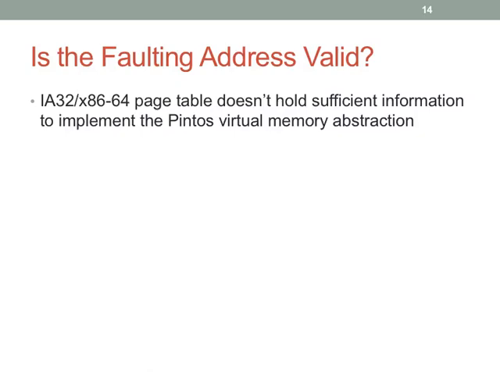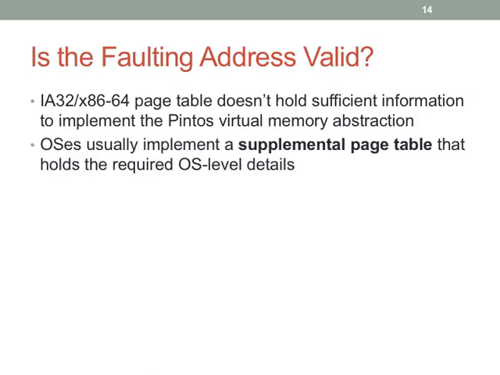The hardware MMU's page directory structure is not sufficient for implementing the entire abstraction. And that's kind of a nice thing. The MMU does what it needs, and then if an OS wants more sophisticated stuff, it can add that on top. Okay? So what this means is that almost always you have to have supplemental information describing at a higher level the virtual address ranges.